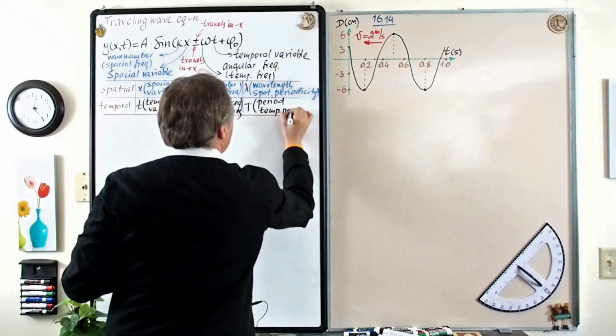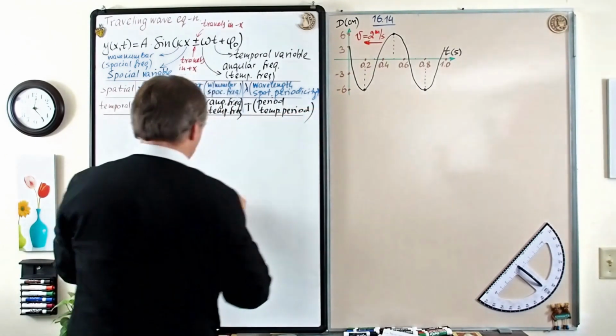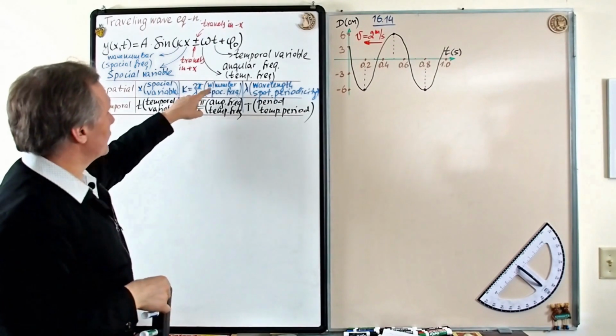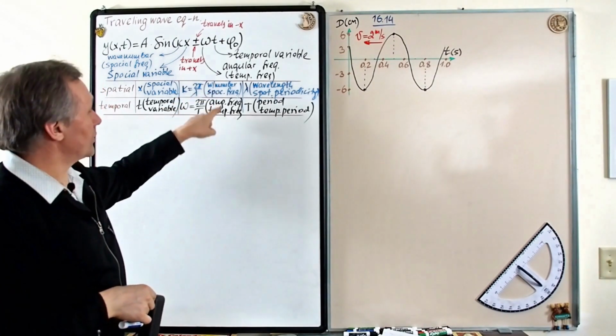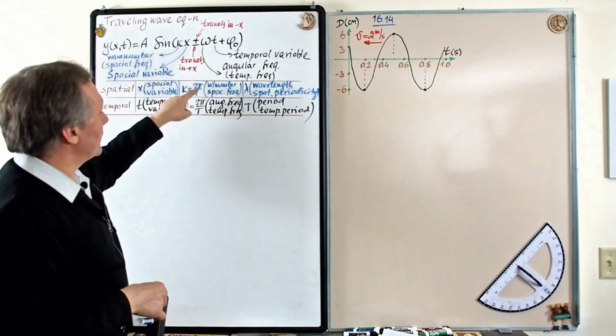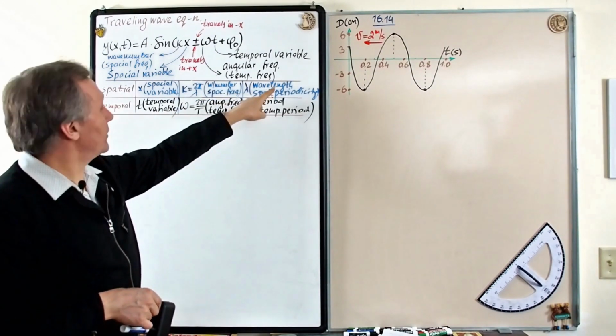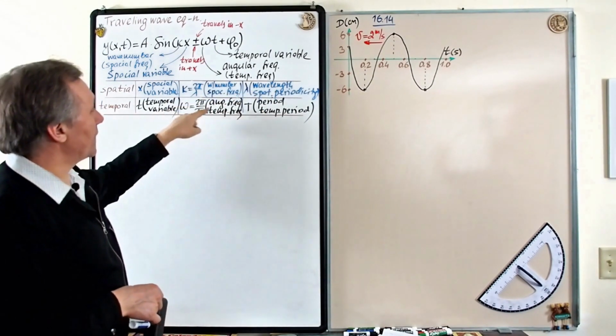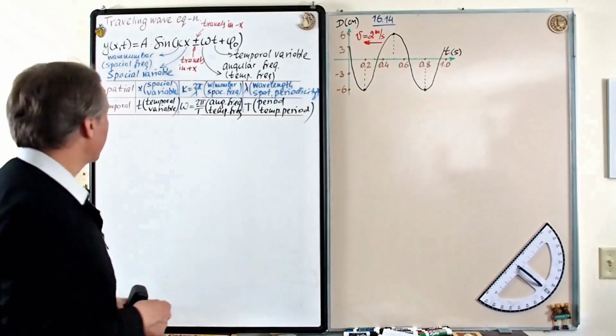And again, you see the way we introduce the spatial and temporal frequency, k equals 2 pi divided by spatial periodicity, and omega equals 2 pi divided by temporal periodicity.